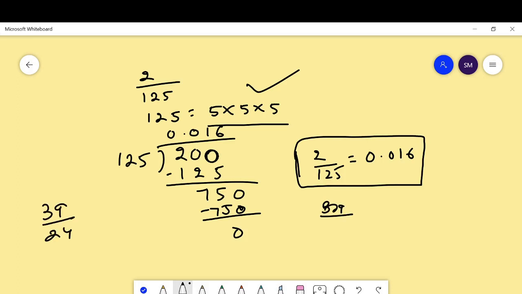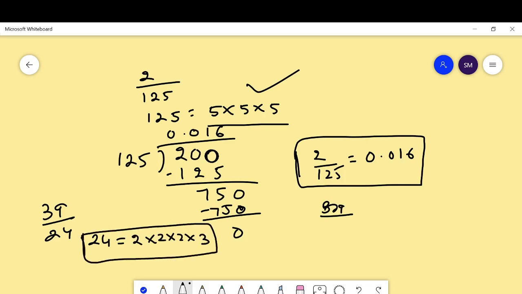Is this terminating or non-terminating? Think about the denominator. The denominator is 24. When we factorize 24, we get 2 into 2 into 2 into 3. Then here 24 does not have only the factors 2 or 5. Here 3 is present. Then 39 upon 24 is not a terminating decimal number. Let us try.